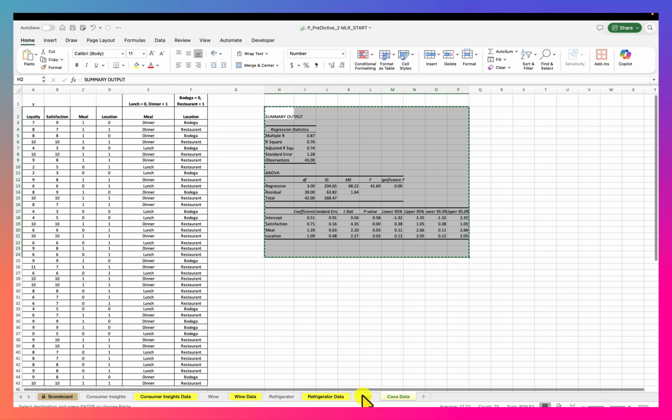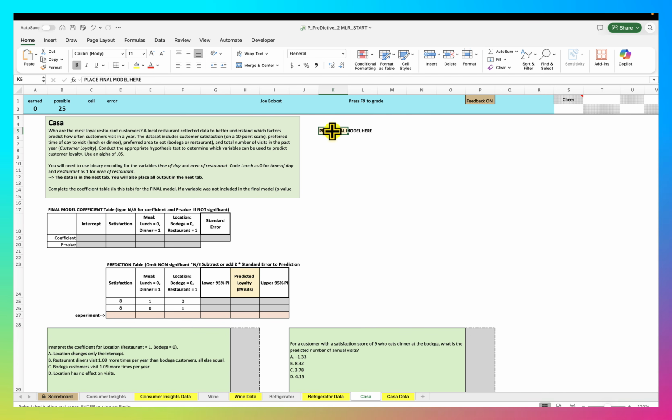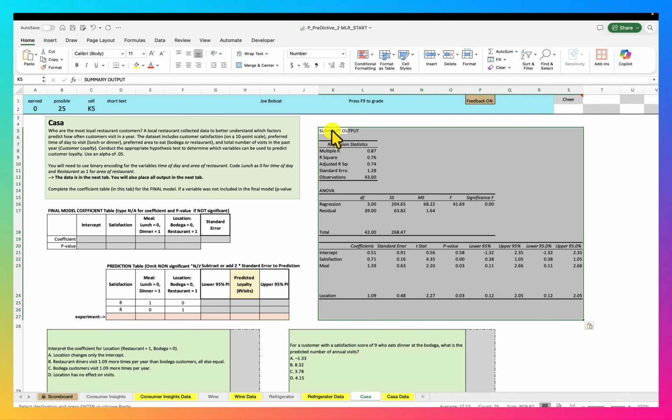So that's still highlighted. Copy it. Paste there. And now we can start.